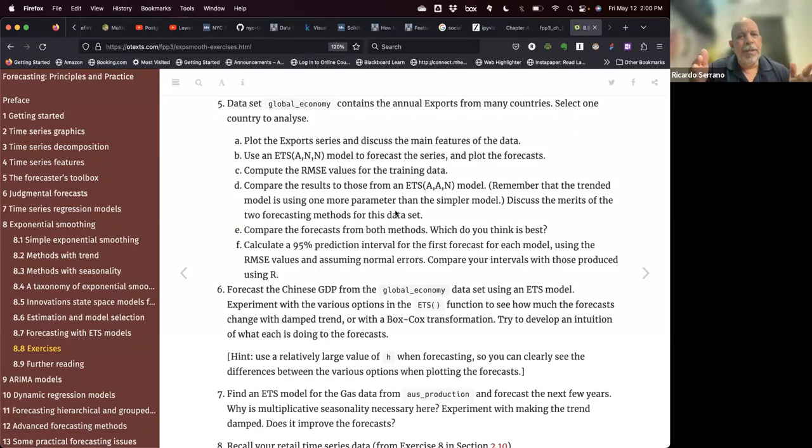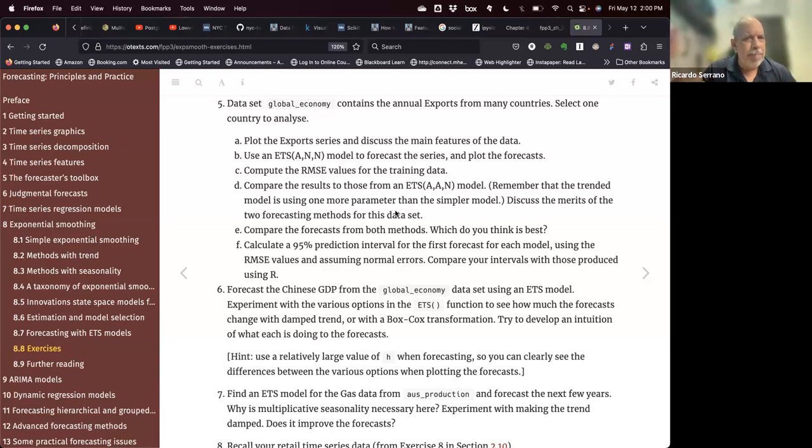The period is yearly, it has most of the countries in the world, and the years go from 1960 to 2017.